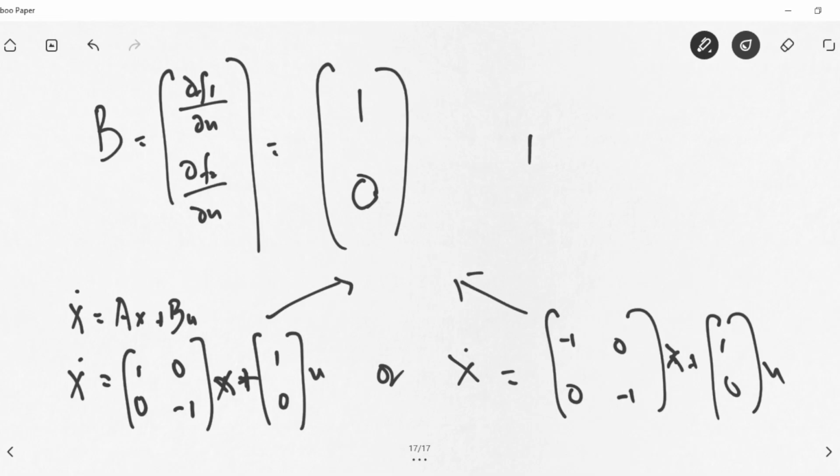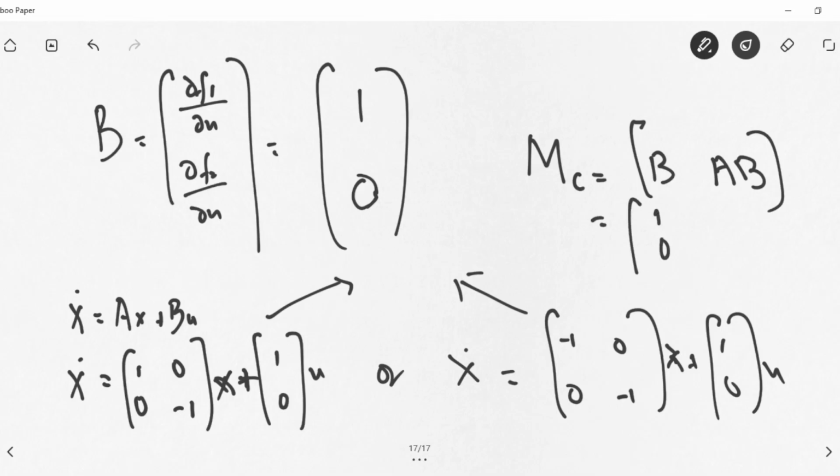Besides that, we can find out now the controllability matrix for the system, and we can actually see whether this system is controllable or not. We are not actually going to be dealing with the C matrix, so we are not going to be touching observability here. So for the controllability matrix, we have to find out the rank of the controllability matrix B, AB. In this case, B is 1, 0, and AB will be actually 1, 0 again.